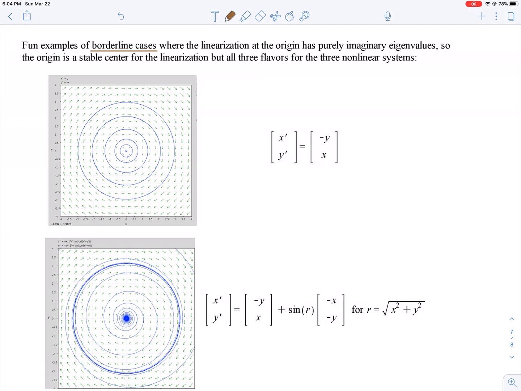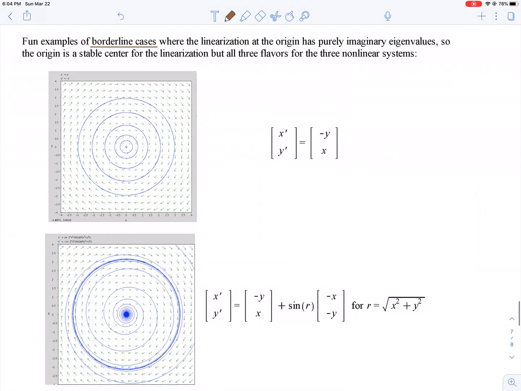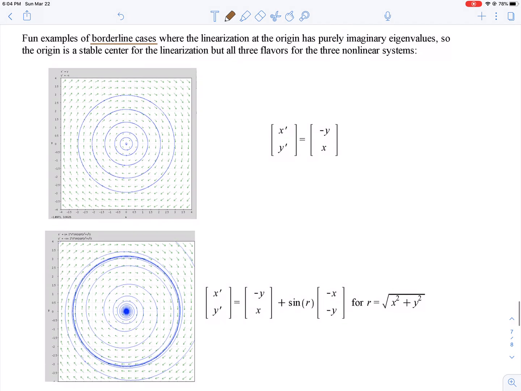Okay, so here are 3 examples. The system x prime equals minus y, y prime equals minus x has solutions which are circles, and it's a borderline, so it's a stable center, and it's borderline because the matrix for this linear system is [0, -1; 1, 0].